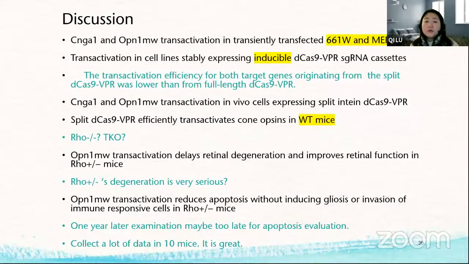But in this study, we really need to appreciate the very fine design of the whole story, because they used 10 wild type controls and 10 rhodopsin heterozygote mice, a total of 20, and it indeed saved a lot of animal lives. We need to show great appreciation for the cherished lives of the animals.